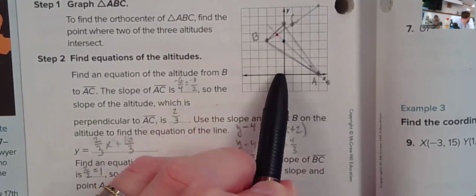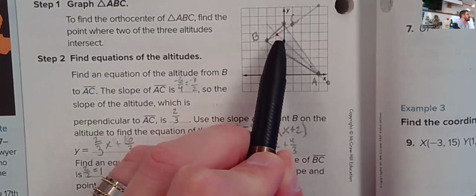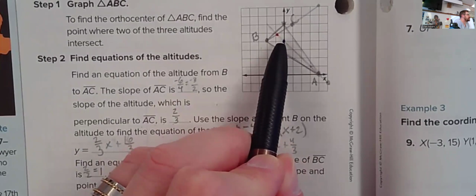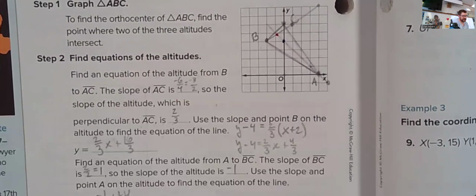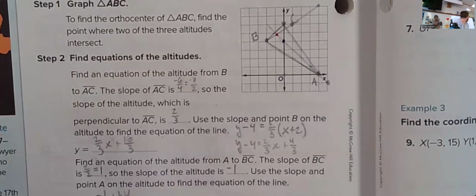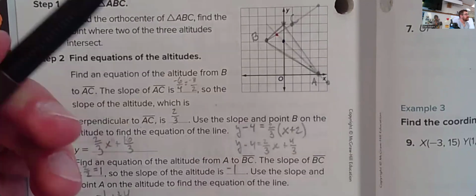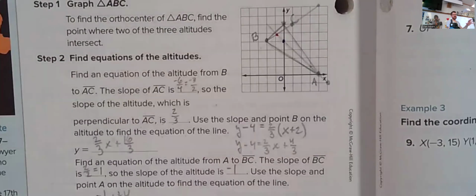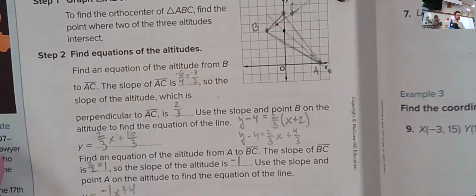Is it all the way to -1 or not quite? It's not quite. So what would you guess? About -0.8. Okay, that's a fair guess. And then how far up does it look like it is? About 4.8. Okay, so if we were guessing, we'd say about -0.8, 4.8. That's a really good guess. Let's see if that ends up being about what the answer is.